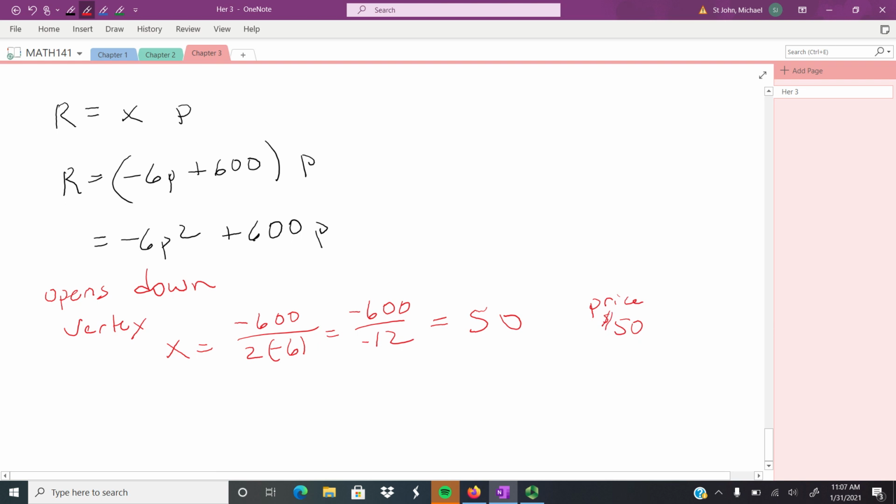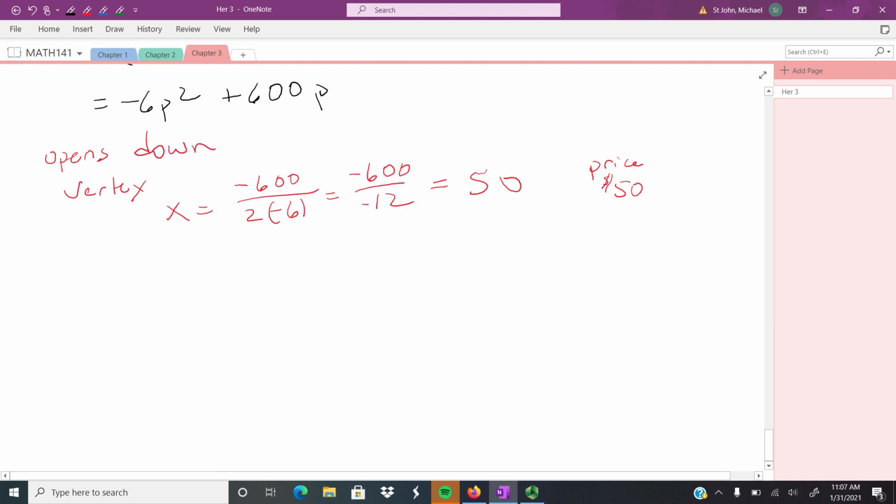Okay. And so then the revenue is going to be minus 6 times 50 squared plus 600 times 50. And so this gives us a revenue of $15,000. And this will be the maximum revenue.